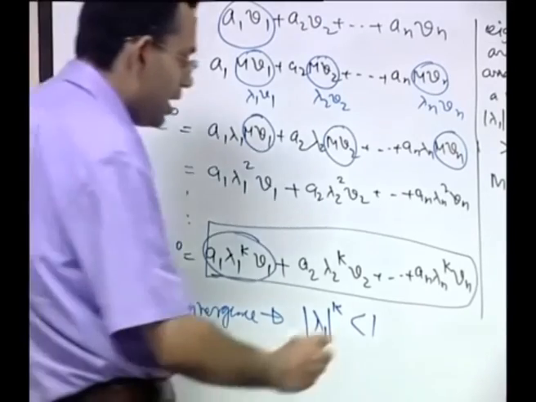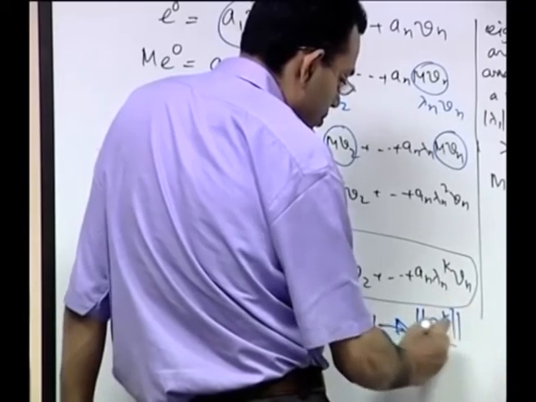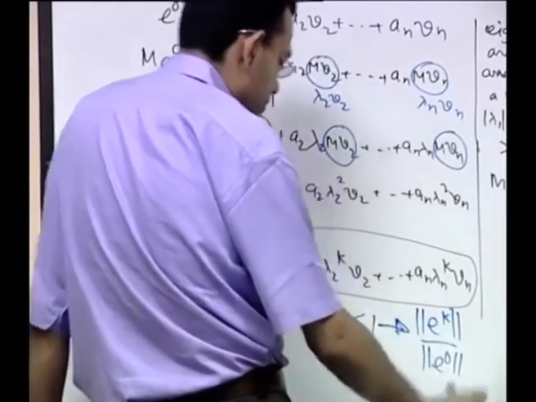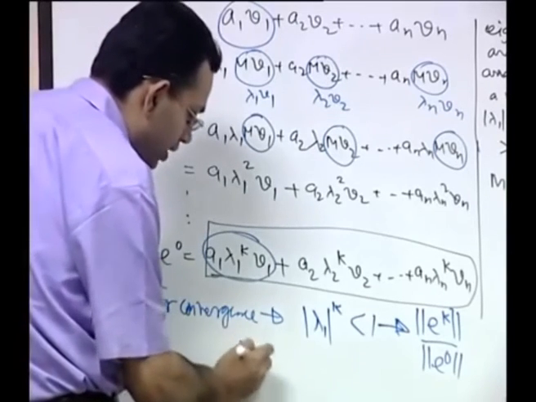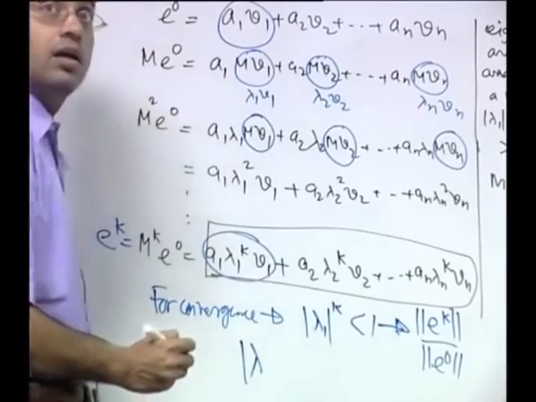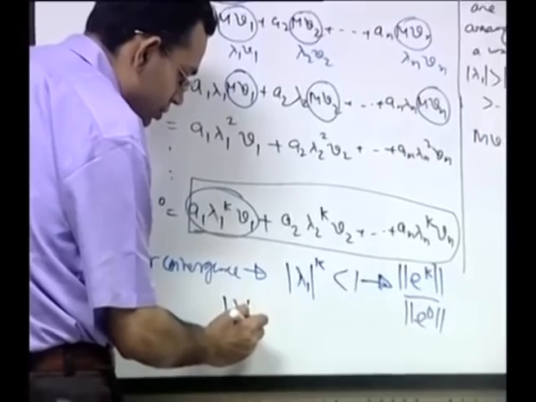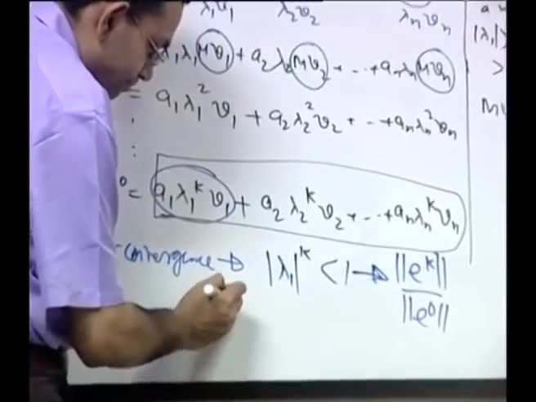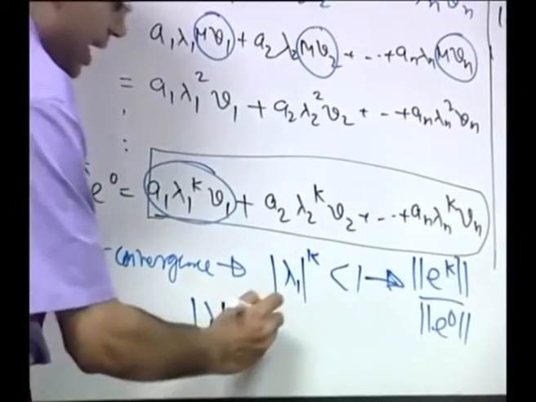This is nothing but an estimate of norm of Ek by norm of E0. In other words, what you require is mod of lambda max is less than 1.